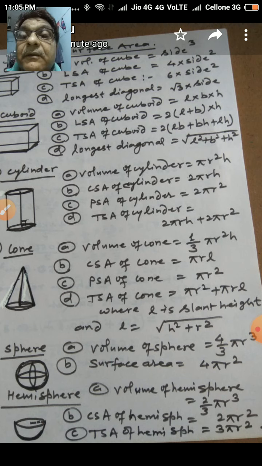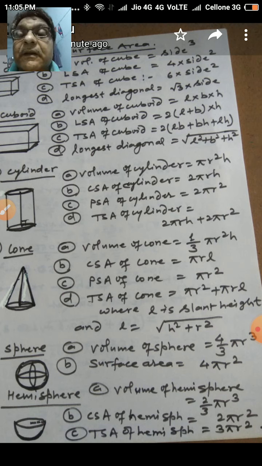If only one is closed, then the plane surface area is pi r square only. If no base is closed, it is open like a pipe, then there is no plane surface area, only curved surface area. It might happen that if the cylinder is made of a thick wall, then there will be the area of a ring at top and bottom.